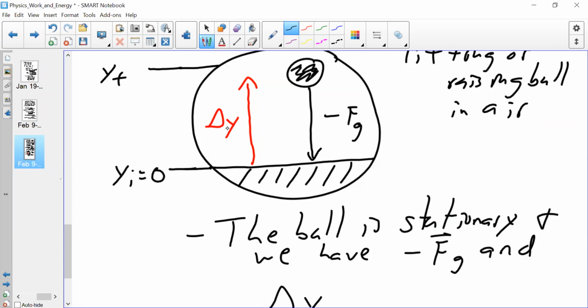Does Earth do any work on the ball? Remember, in order to have work done, we have to have a force and a movement. It has to move over a displacement. If the ball is at rest, how much work does the Earth do?